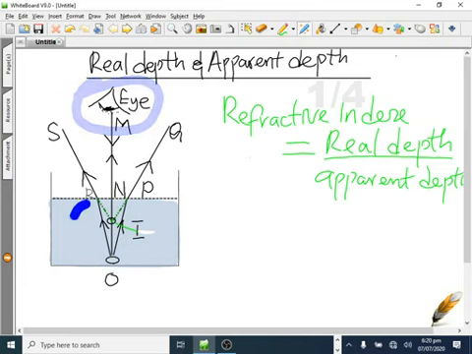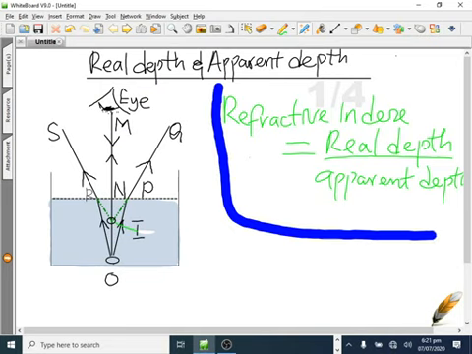This object is inside the pool or the water. The observer will not be seeing this object at point O, but rather at this point I here, due to refraction and the movement of the ray of light from one medium into another. And we told you that your refractive index will be this.